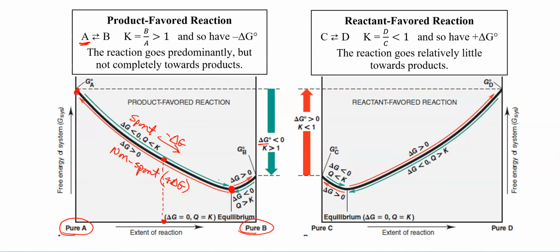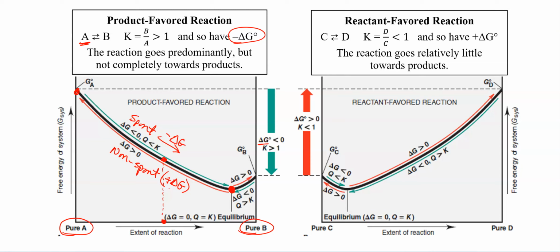So a negative delta G naught tells you that at equilibrium, you're going to end up with more products compared with reactants, because your equilibrium is further to the right of where you would be at standard conditions, with the same concentrations, one of everything.